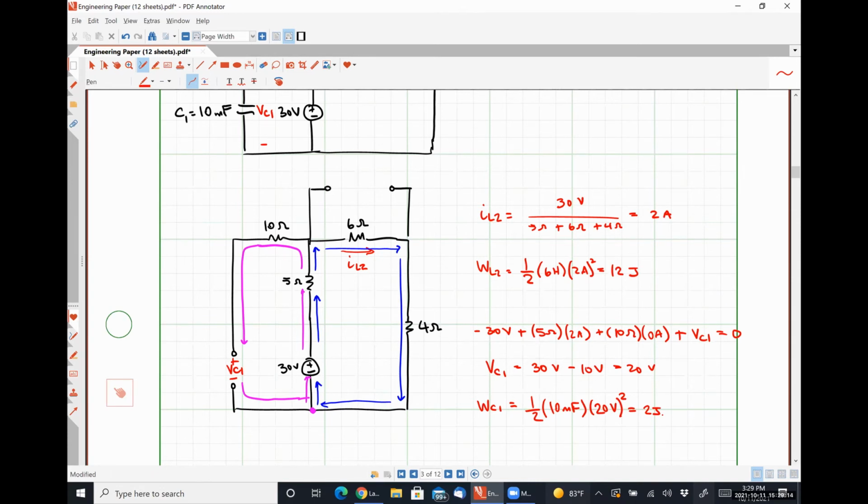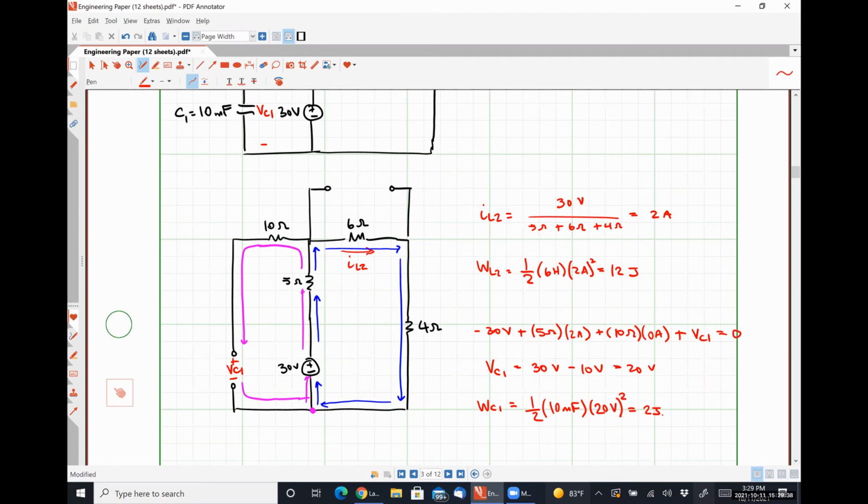Catherine. So I have negative for the voltage source. Yeah, for the Ohm's law.